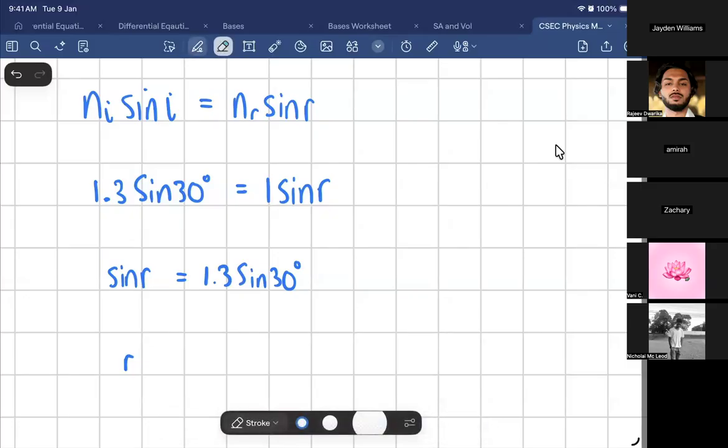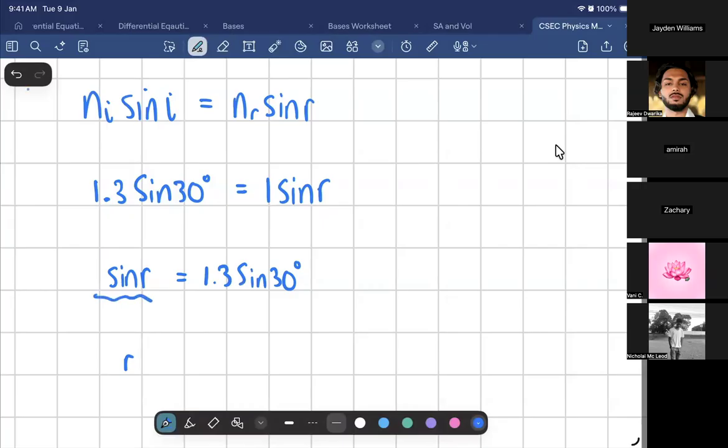We just have sine R here. So anytime you have sine of an angle and you want to find the angle, you have to find what? I have sine R here and I want to find R. So I'll have to apply the what function?